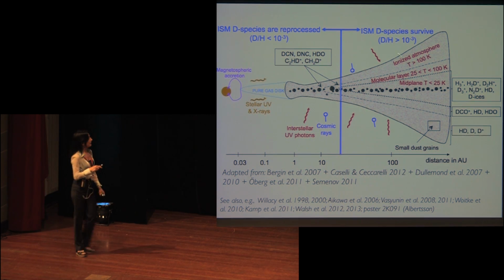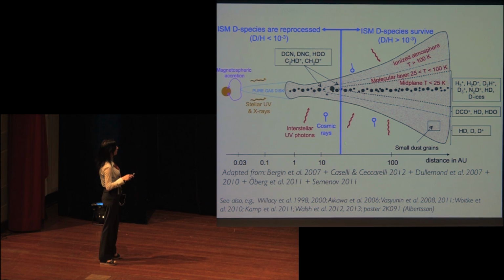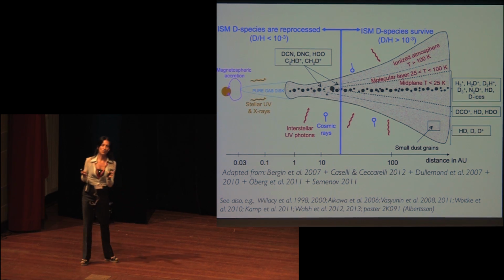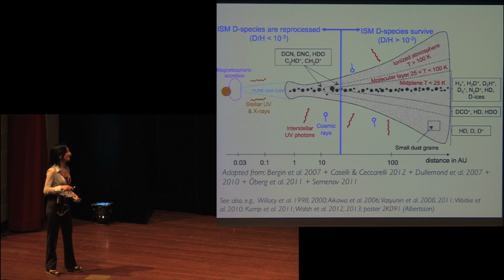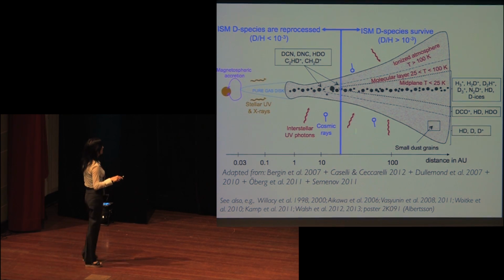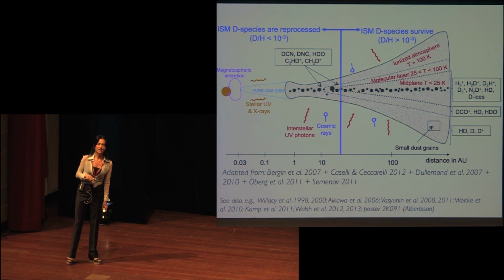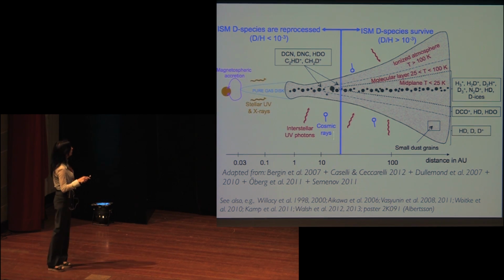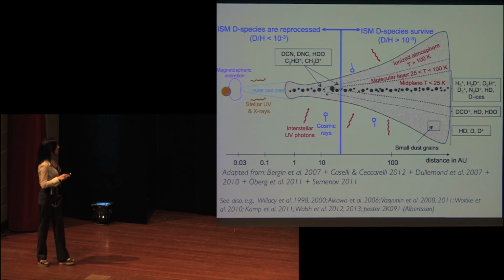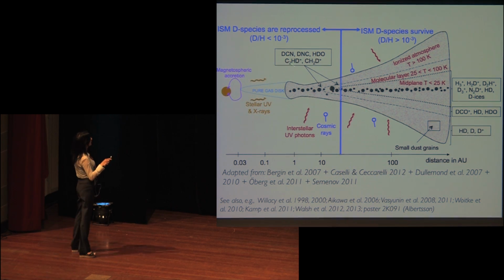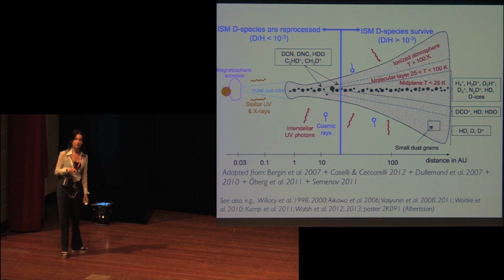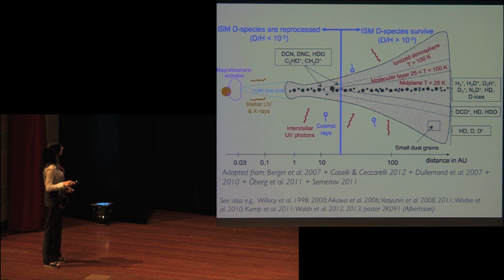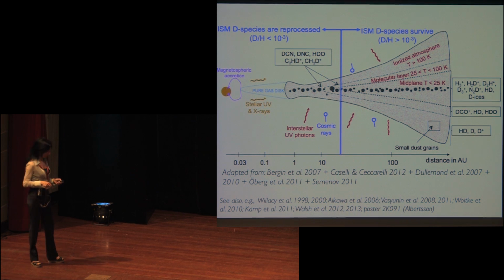We predict, and the models predict, that above, say, 20 astronomical units, which of course depends on the star in the center, for typical stars, there is probably survival of the ISM deuterated species, while closer to the star there is some deuteration reprocessing, and these are the predicted molecules that can survive better in this region, where we can find species similar to prestellar cores.